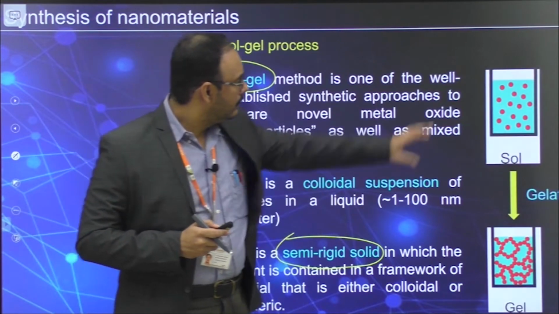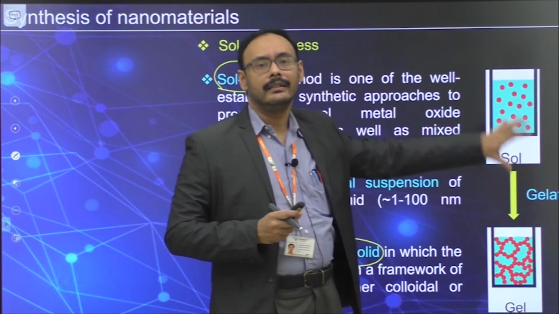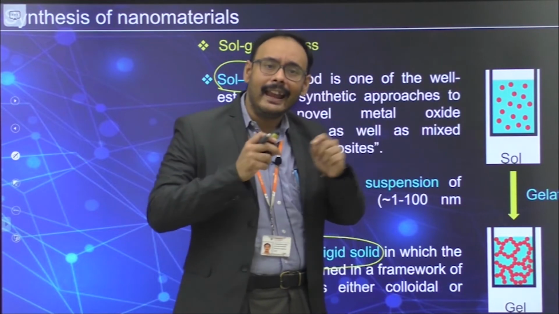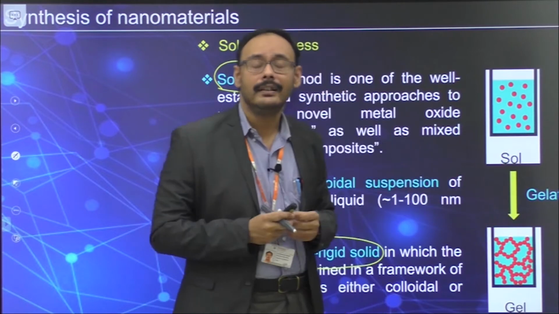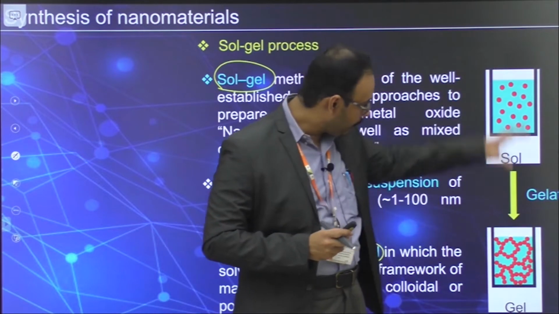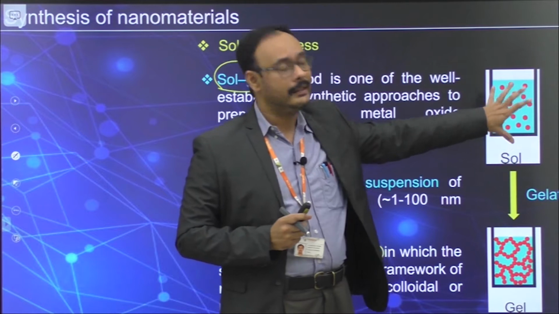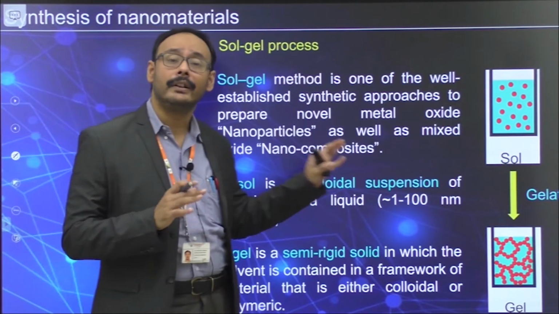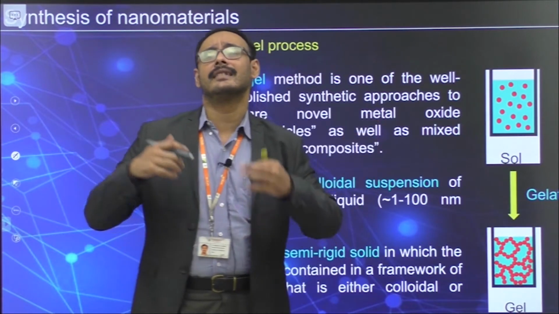Depending on the reaction conditions, these tiny particles can aggregate among each other, but still there will be space for your liquid. This particular form is called gel, and the process by which you make gel from a sol is called gelation.